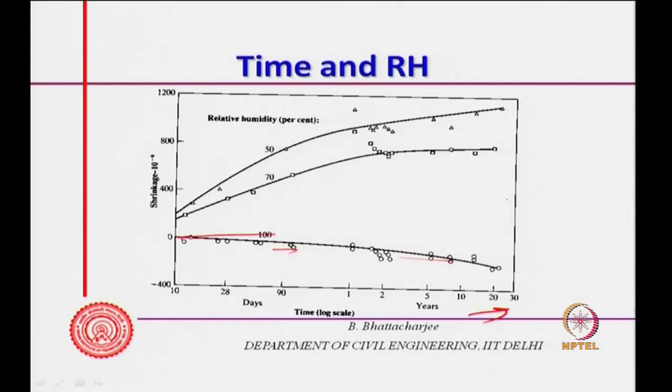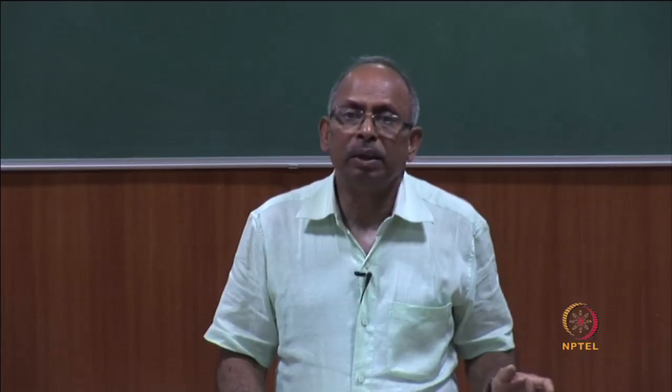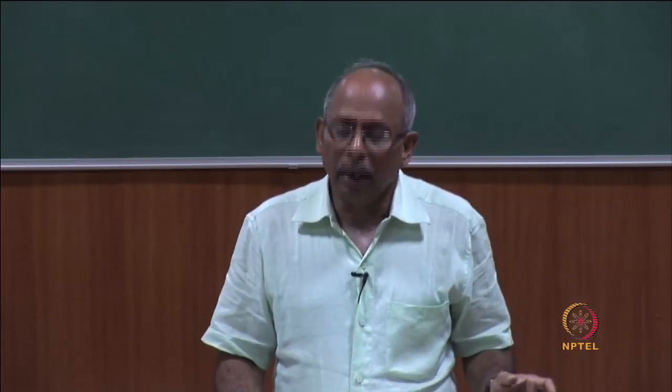So, this is 0 and this is 100% relative humidity, where you will have swelling. But at lower humidity, 70%, 50%, shrinkage goes on increasing, but then it tends to flatten out in the long run. All right.